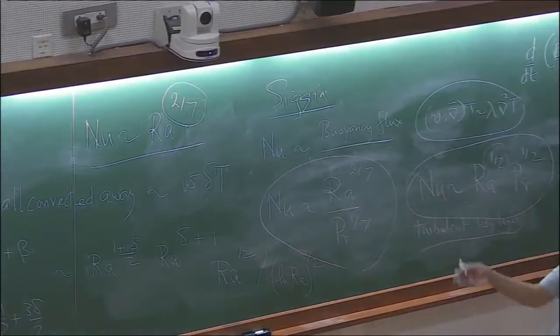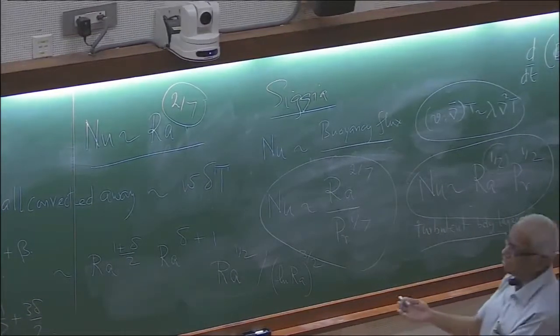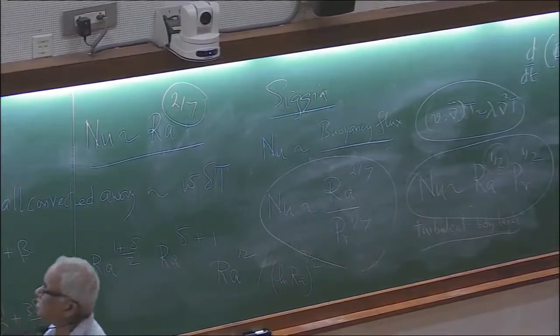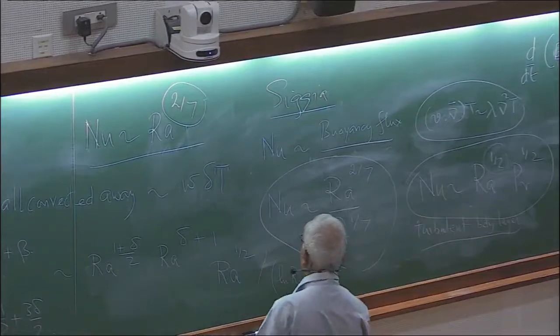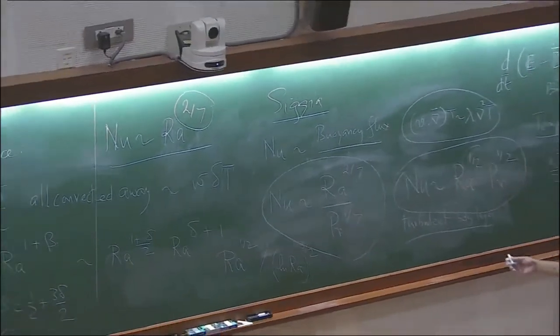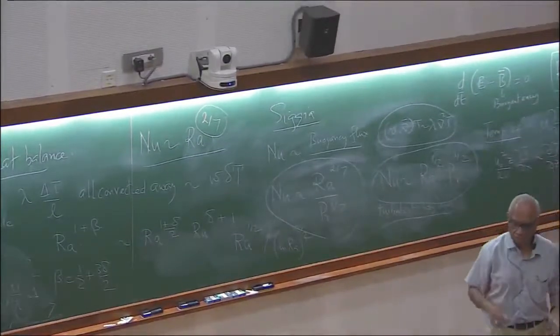But a trivial calculation, using the physical concept which was pointed out, that the advection scale is the same as the diffusive scale when it is a turbulent boundary layer, the nonlinear terms being equally strong over there, gives you at least the Ra to the power.